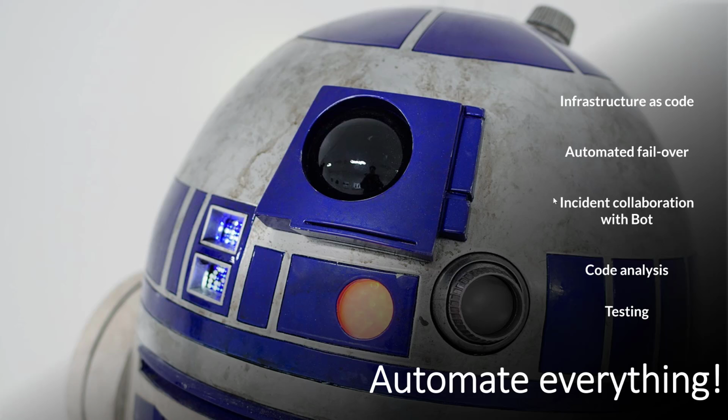If you're using the cloud, in our case we are using Azure, you can use Azure Resource Manager templates to deploy infrastructure from code. So you define what the infrastructure should look like, and then by using a delivery pipeline, you can deploy that infrastructure.